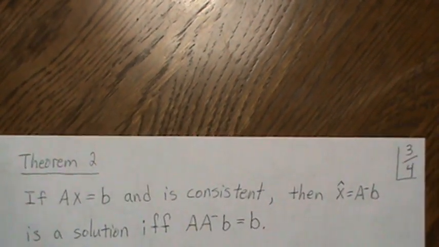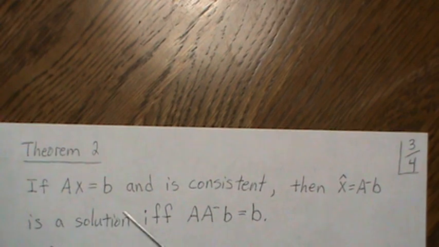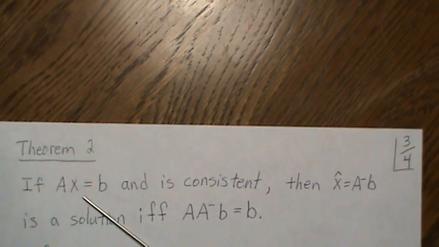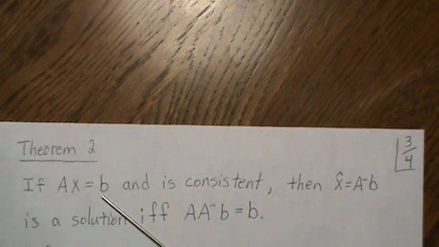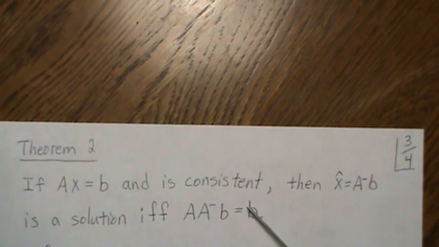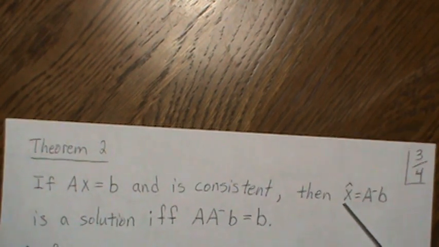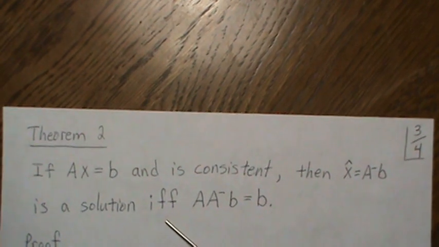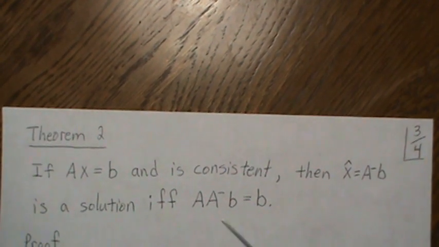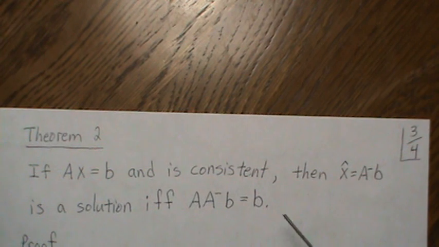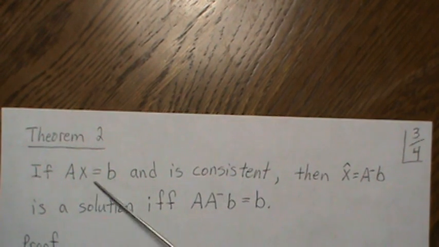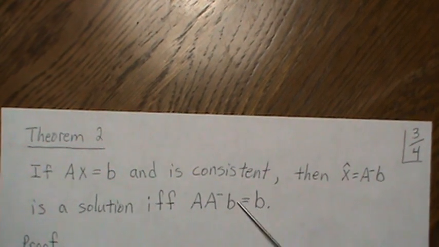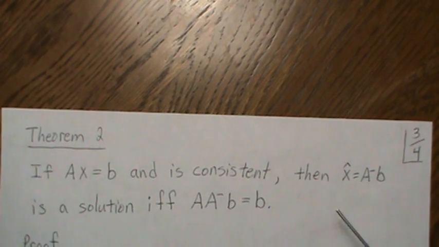So theorem 2: if we have this system of equations, AX equals B, and it's consistent, then X is a solution if and only if it meets this requirement too. The proof is we assume this is true, and then that must be true, and then we go the other way.